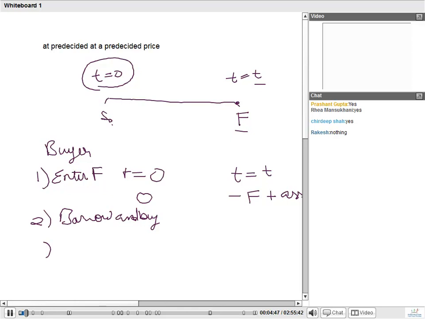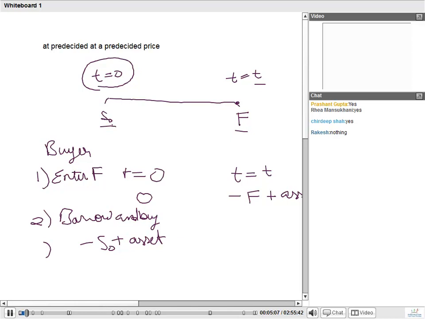The current price of the asset is S0. So he will have to borrow S0 right now, pay it to the market and receive the asset.